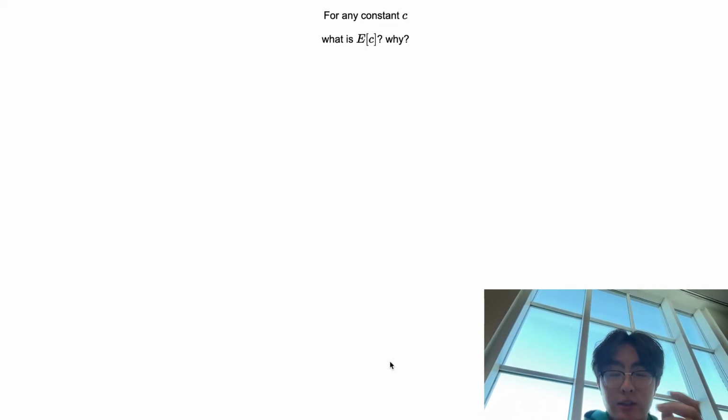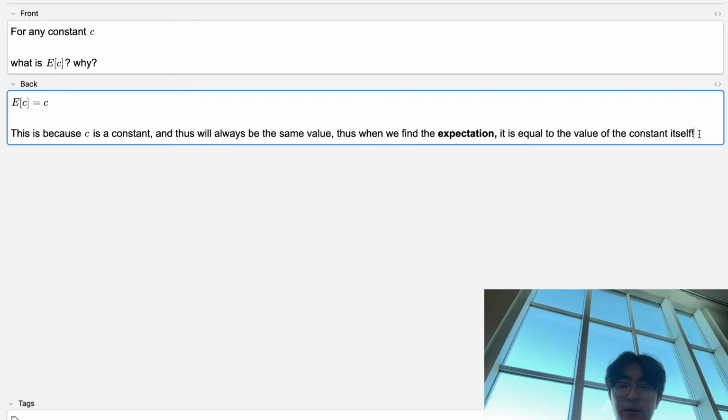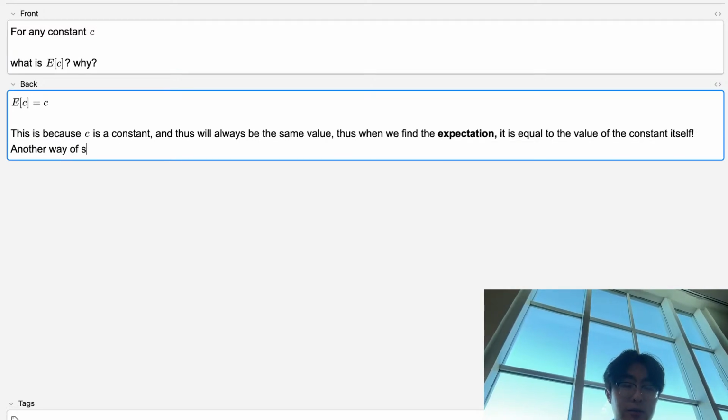Another way of saying that is there's 100% probability that our constant C will stay the same. Another way of saying this is that the probability of C is 100%.